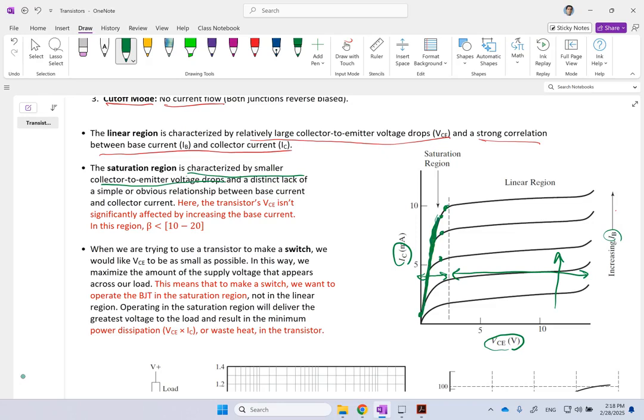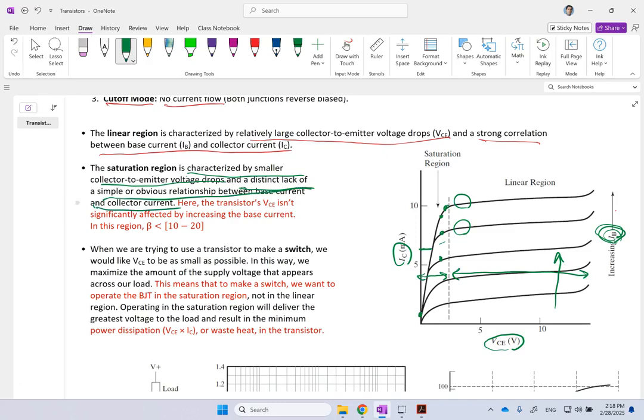Now, along this line, it's not clear which IB you belong to. So when you are at one specific IC level, you don't know which one of these IBs, this top one or this bottom, the second one, is showing IB. So IB and IC are not showing clear correlation or relation between themselves.